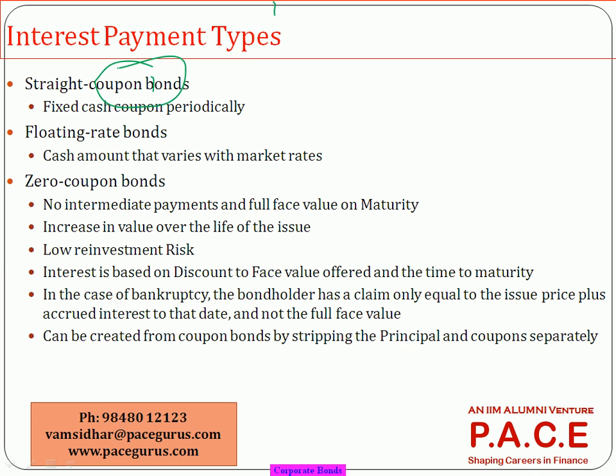Either it could be a fixed rate coupon or a floating rate coupon, or it could be a zero coupon, right? In case of swaps, we have looked at a lot of these aspects. There is a fixed rate payment or a floating rate payment. So, coupon is also like a periodic payment that happens on a bond at regular intervals.